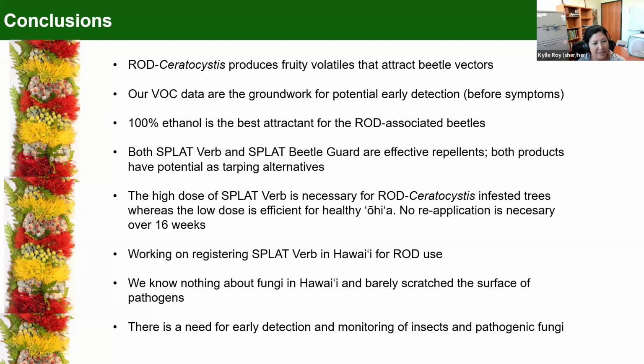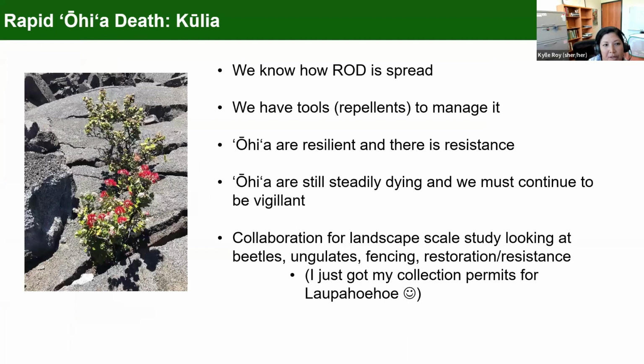And based on the little bit of ambrosia fungi research I did, we just really know nothing about fungi in Hawaii. And there really is a need for early detection and monitoring of insects and pathogenic fungi. So we know how ROD is spread. We have tools, aka repellents, to manage ROD.